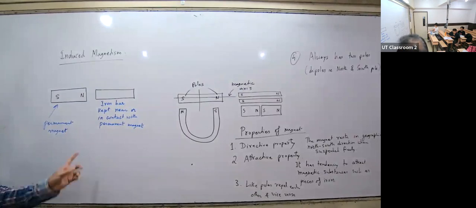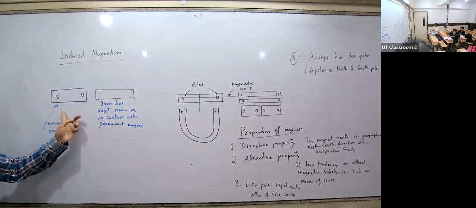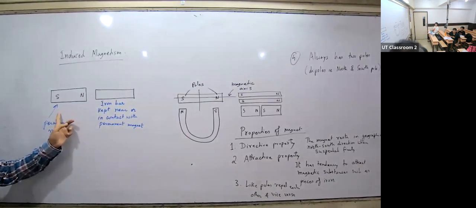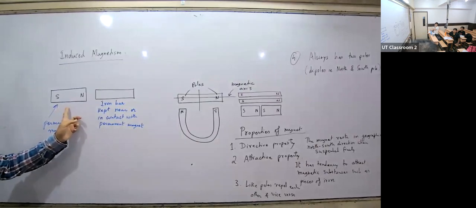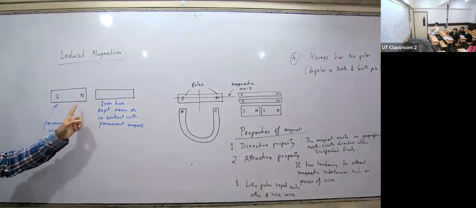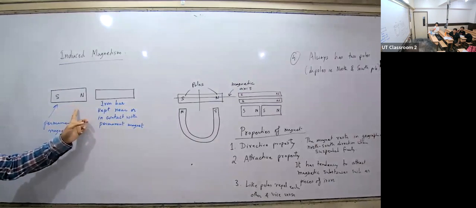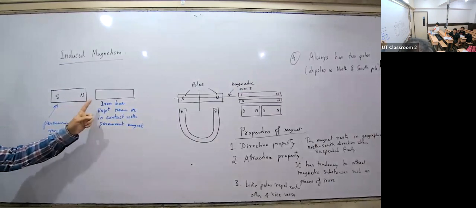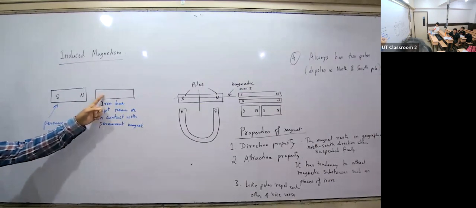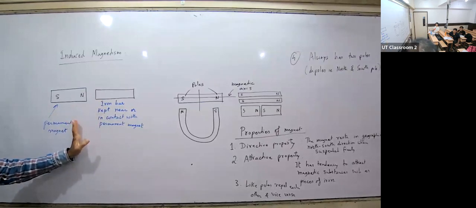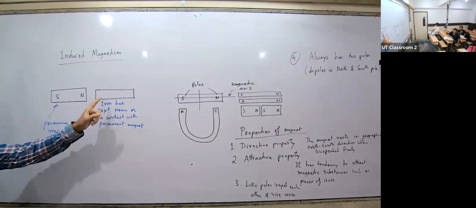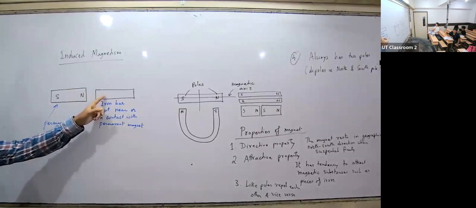Now see what I was saying. We have a permanent magnet, right? Pay attention, everyone here. So obviously it will have attractive property. And now we have kept a magnetic substance, an iron bar near it. So is it a magnet? No. But now it is kept near a magnet.